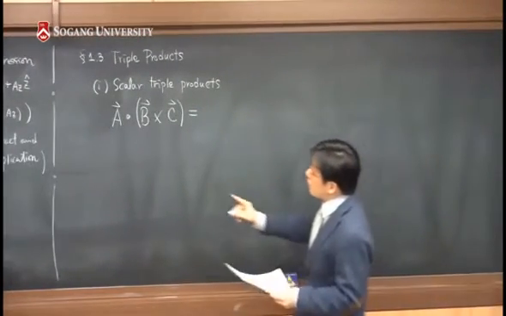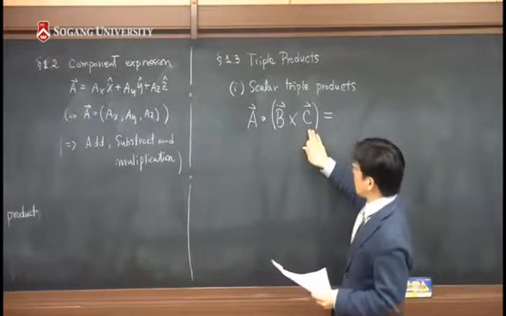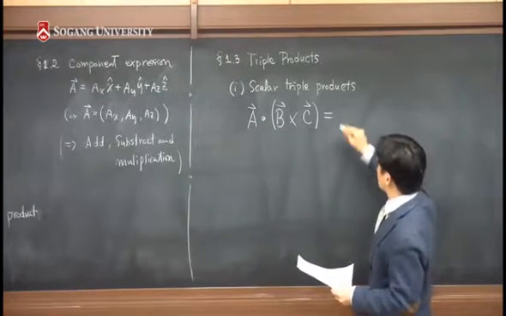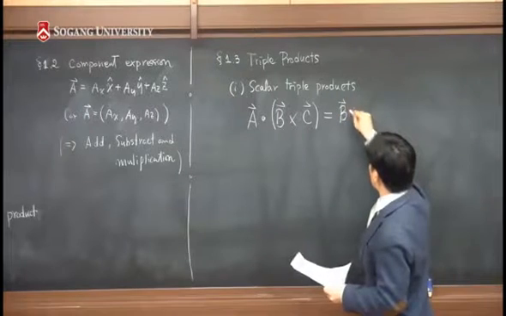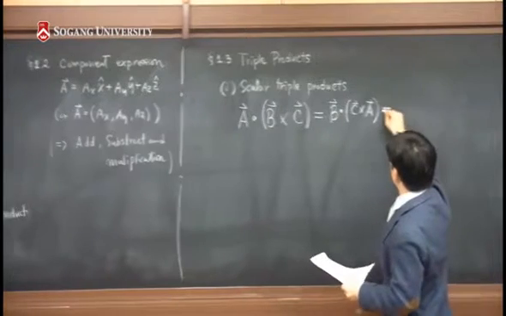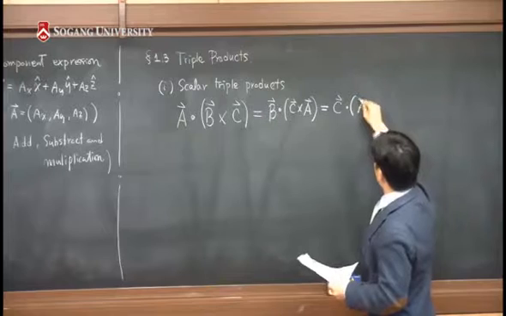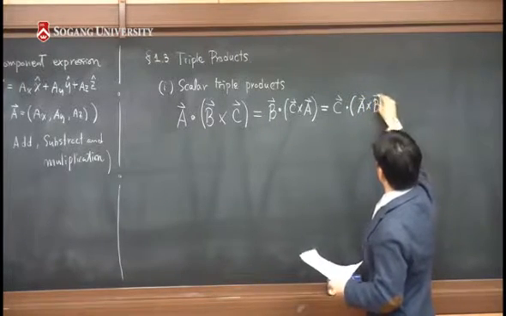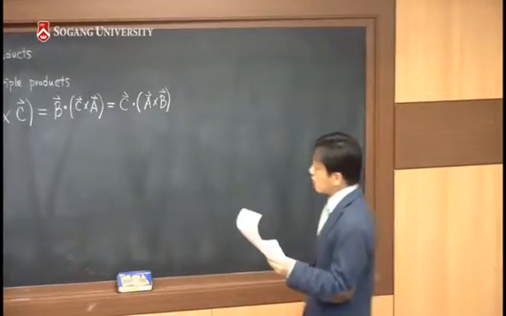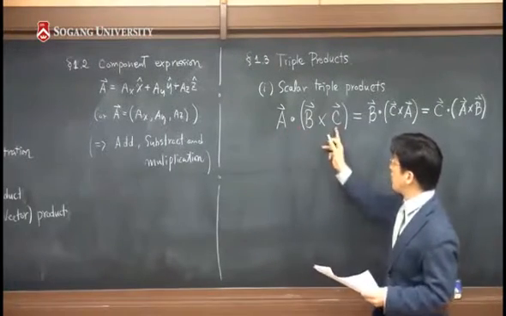One nice property of this kind of product is that B cross product C, then multiplied with A using the dot product, is actually equivalent to C cross product A and then C dot A cross product B. These are the permutations of A, B, C. So here is A, B, C, dot, cross.